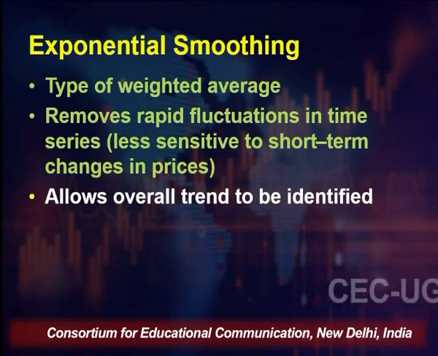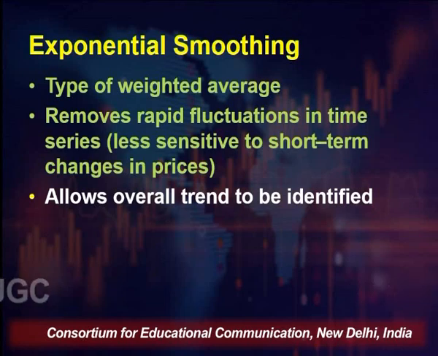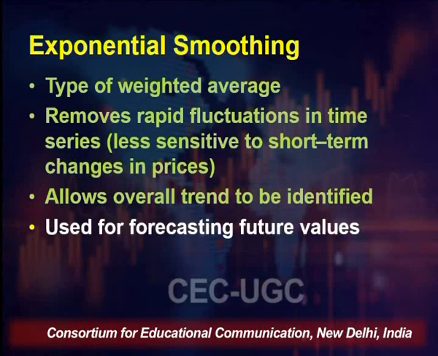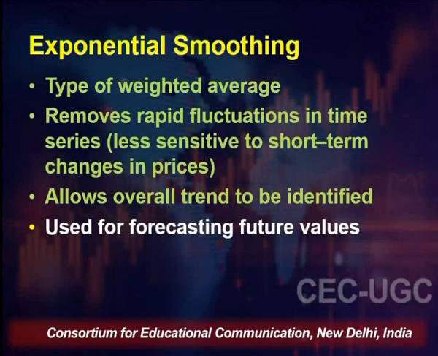To identify the overall trend, we can find the aggregate trend of the data, whatever is happening, and it is used for forecasting future values. Exponential smoothing is very much applicable for forecasting future values, and once we do so, our predictions are very close to the real results, to the actual data. And then your prediction becomes the reality and the actual calculation.